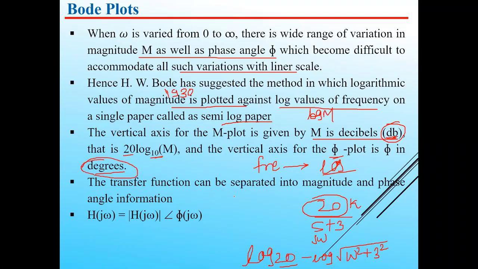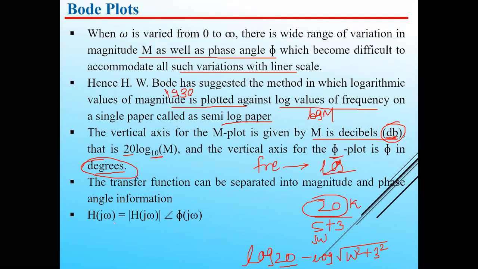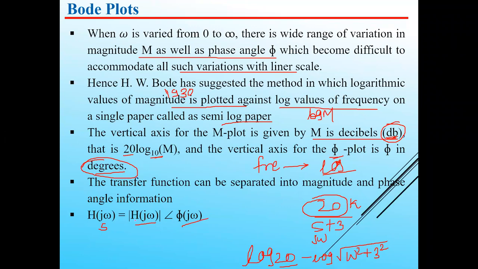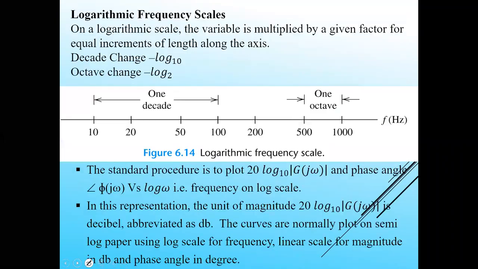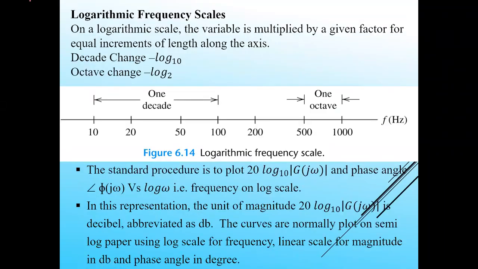So the transfer function can be separated into magnitude and phase angle information. So transfer function H(j omega), म्हणजे पहिलं ट्रान्सफर फंक्शन H(s) असते. So we are replacing s with j omega and we are calculating the magnitude and angle for that transfer function. So there are two scales which have been taken for plotting this Bode plot.